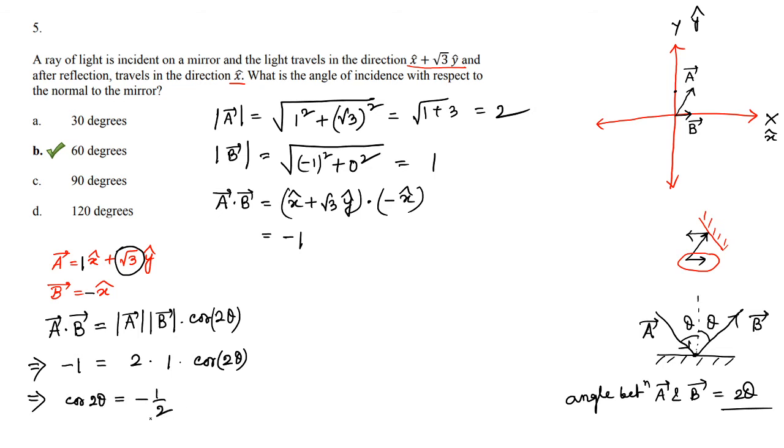And we know minus half means cos 120 degree. That means we can write 2 theta equal 120 degree, or theta equal half of 120 degree, that is 60 degree. This is our answer, option B, 60 degrees.